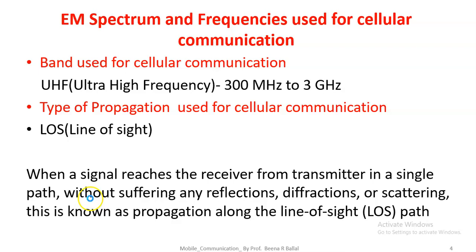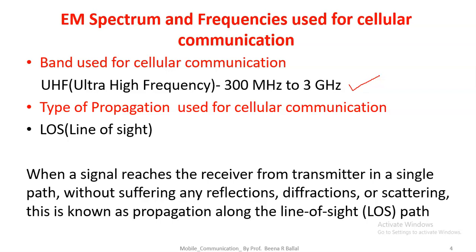The band that is important for mobile communication is the ultra high frequency band, which ranges from 300 megahertz to 3 gigahertz. Another important point is that the type of propagation used is LOS, that is line of sight propagation, which simply means that from the transmitter to receiver, there should be a single path without any obstruction.